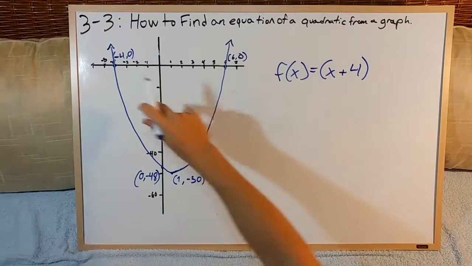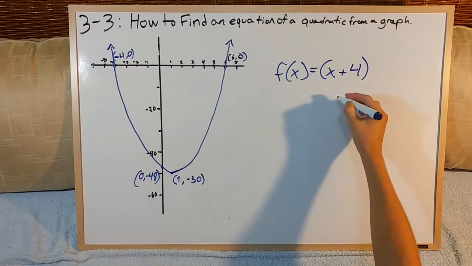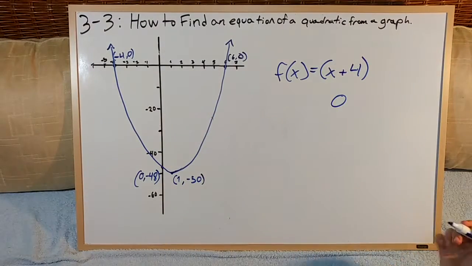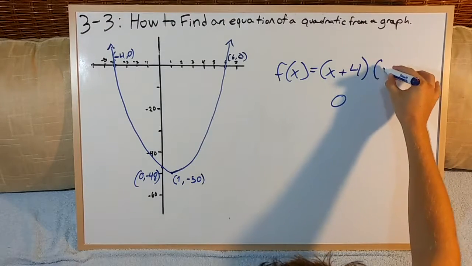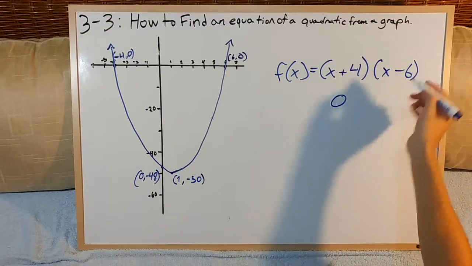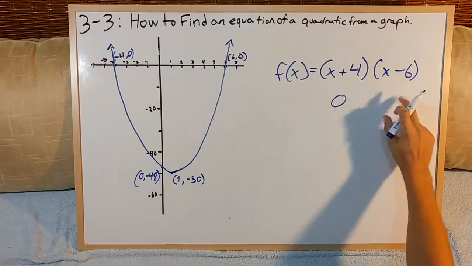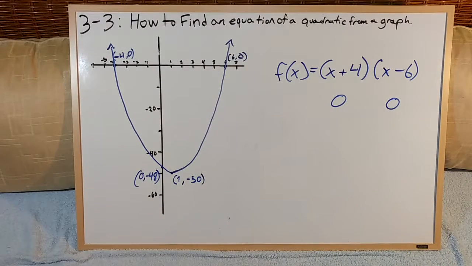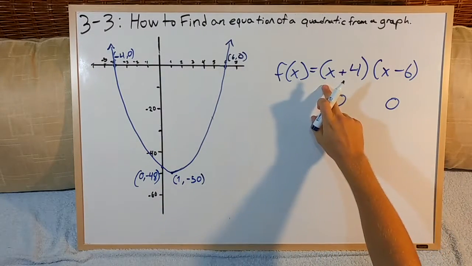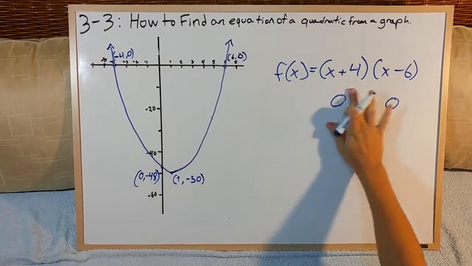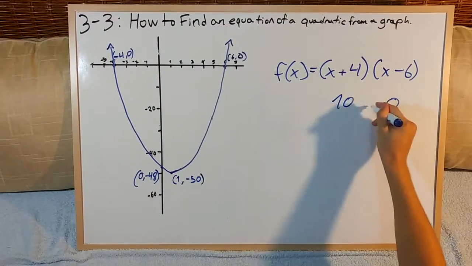If we put -4 into this small part, it will already equal 0. And what if we put x minus 6? If we put in 6 here, it will equal 0. But what if we put 6 here and 6 here? It will give us 10 times 0.